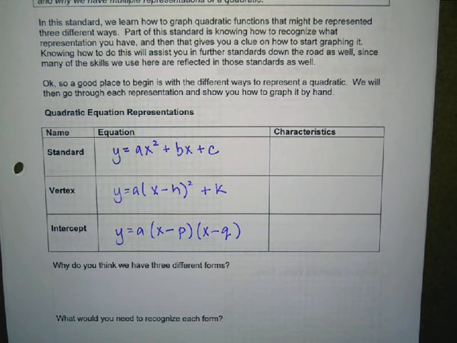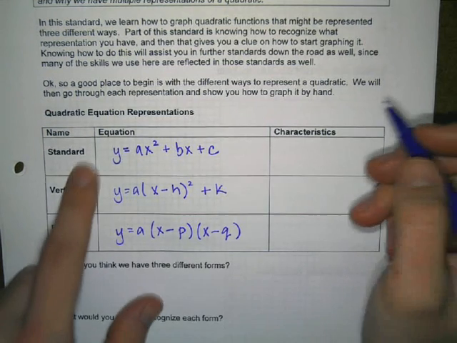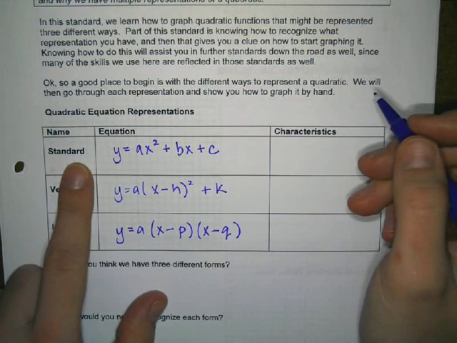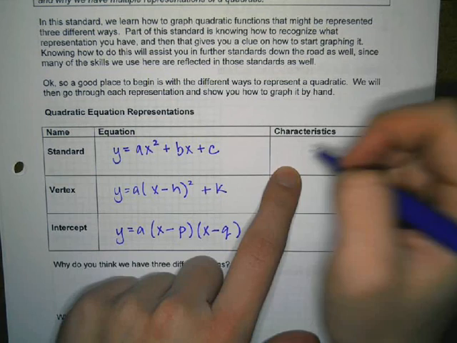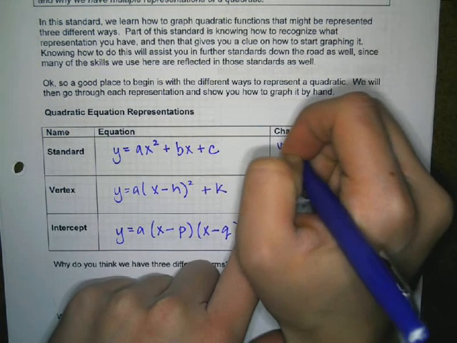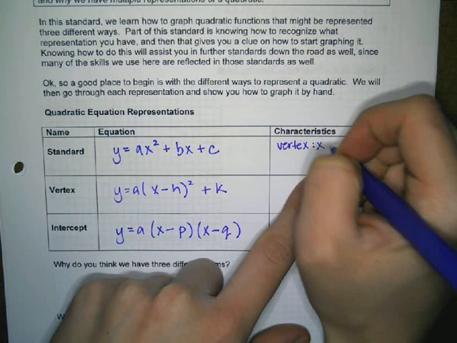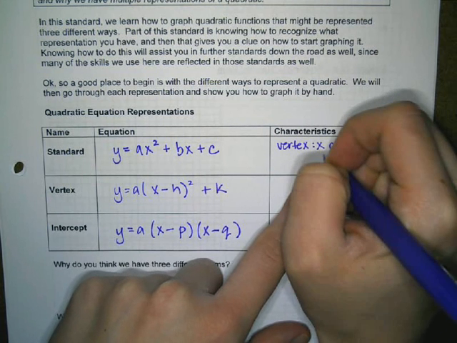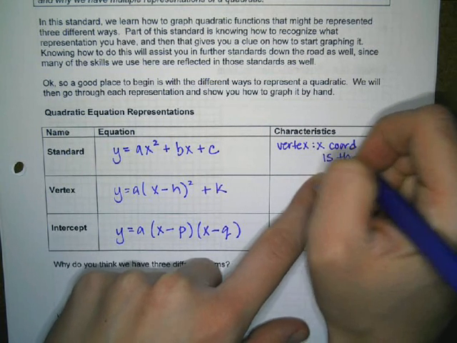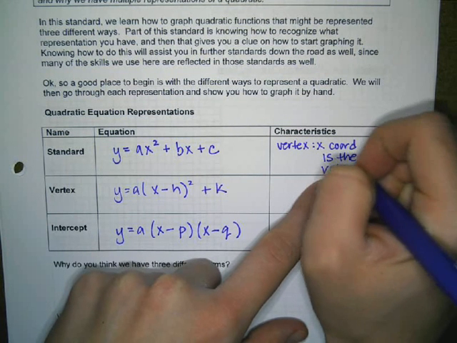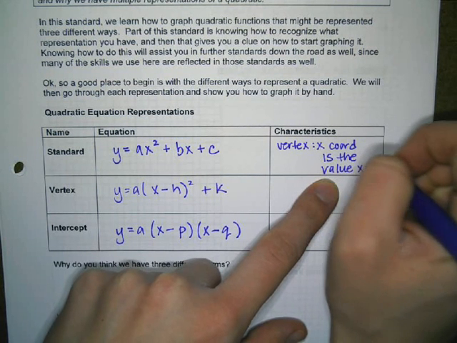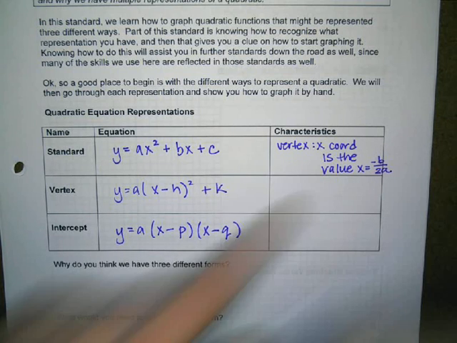All right, so let's go back to characteristics. When something is written in standard form, one characteristic that you can always pull out of it is that the vertex, the x-coordinate, is the value x equals negative b over 2a.